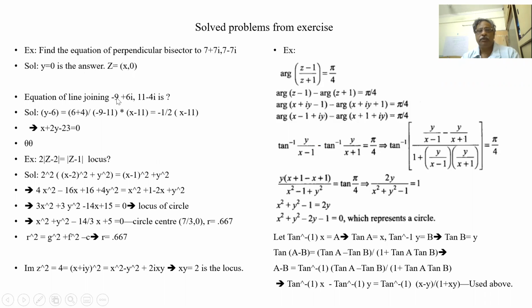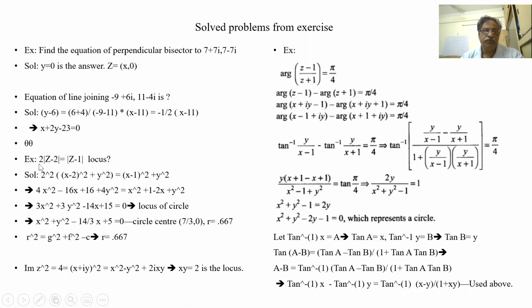We know the equation of a line joining 2 points: y minus y1 is equal to m into x minus x1. So y minus 6 is equal to m into x minus 11. What is m? y1 minus y2 by x1 minus x2, that is 6 plus 4 by minus 9 minus 11. So this is the equation of the line joining these 2 complex points.